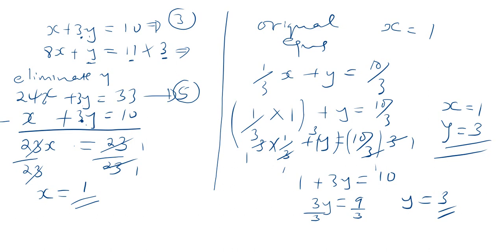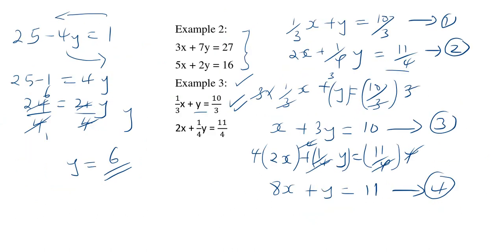And if you prove by substituting in these equations, you will find that the values are correct. So for your exercise, can you solve our example 2 using the elimination method?